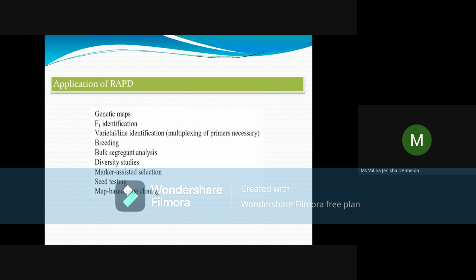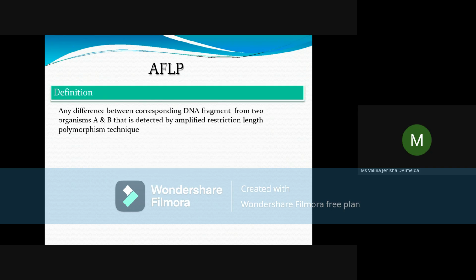Particularly you are first using a particular enzyme to cut the DNA into multiple fragments. Now let's say you have three different strains, you use the enzyme and cut the DNA into multiple fragments, and you will have the sticky ends. You know what sticky ends are? When you cut the palindromic sequences, you have a product which has sticky ends.